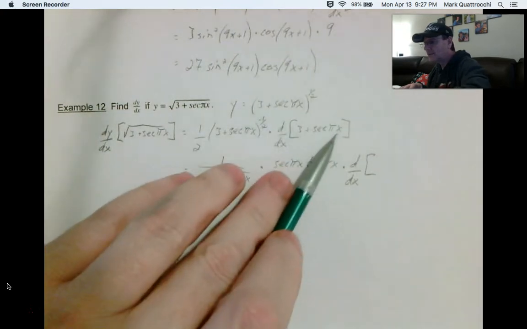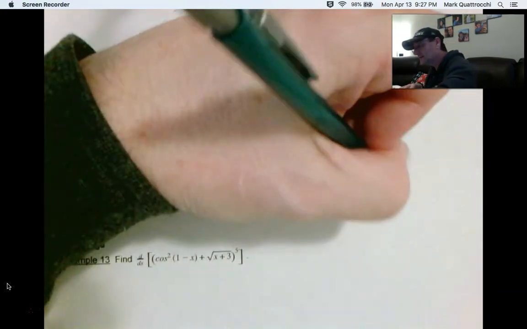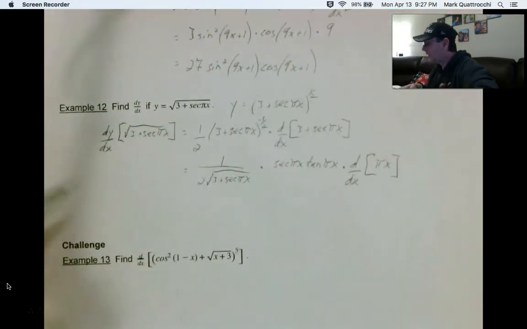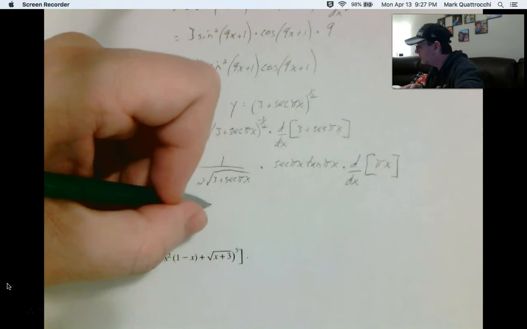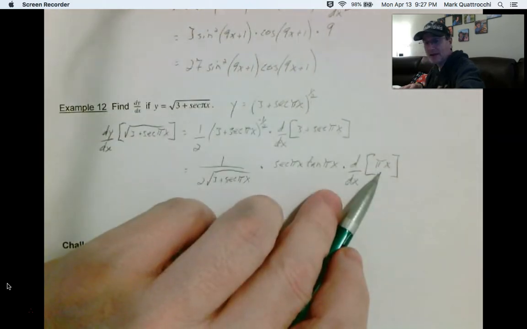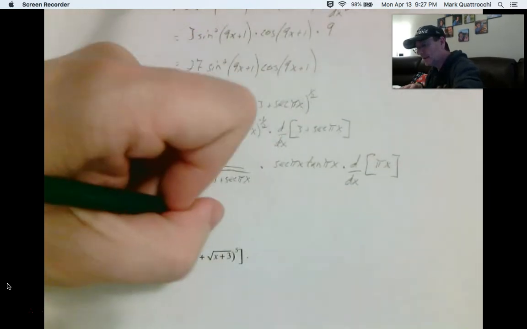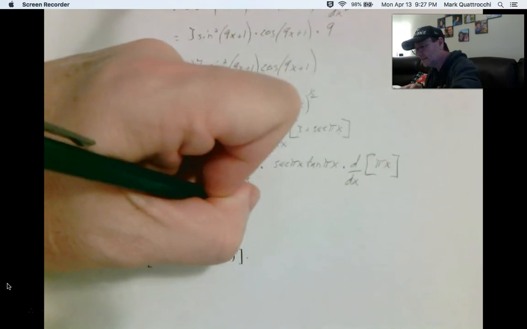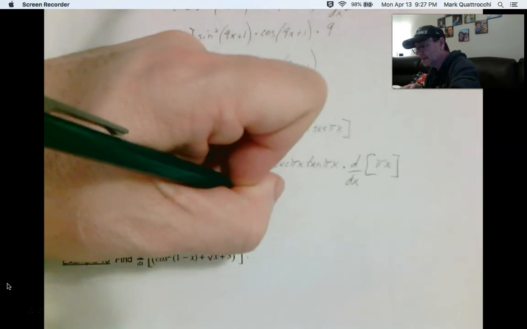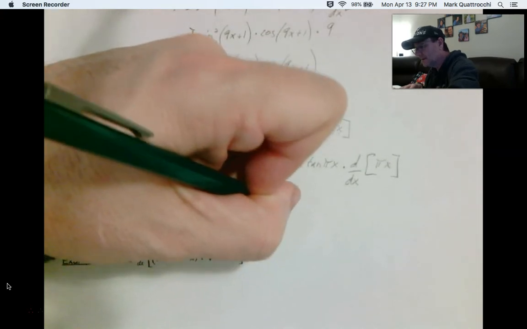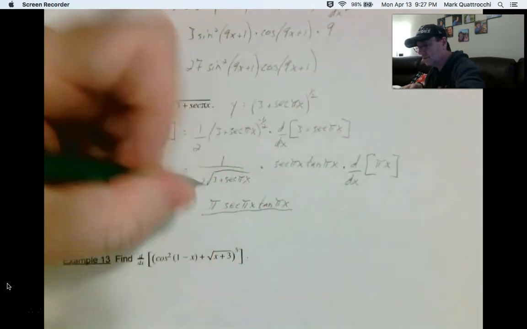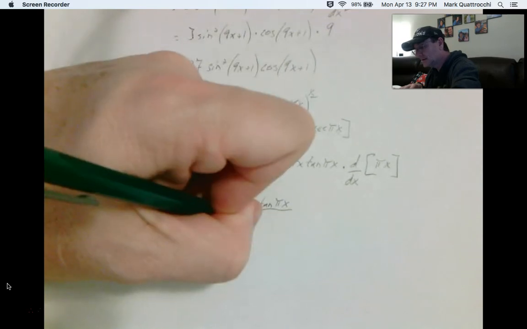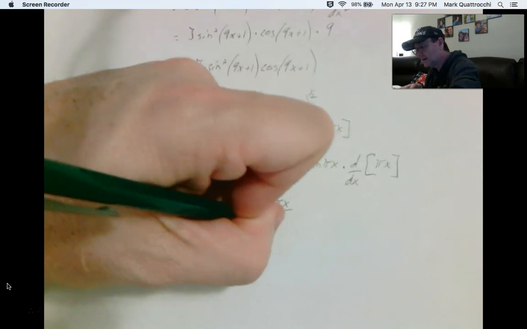There is one last inner function here, and it is pi x, which is one more power rule. So the derivative of pi x is pi. So in the end, you get pi secant pi x tangent pi x over 2 square root 3 plus secant pi x.